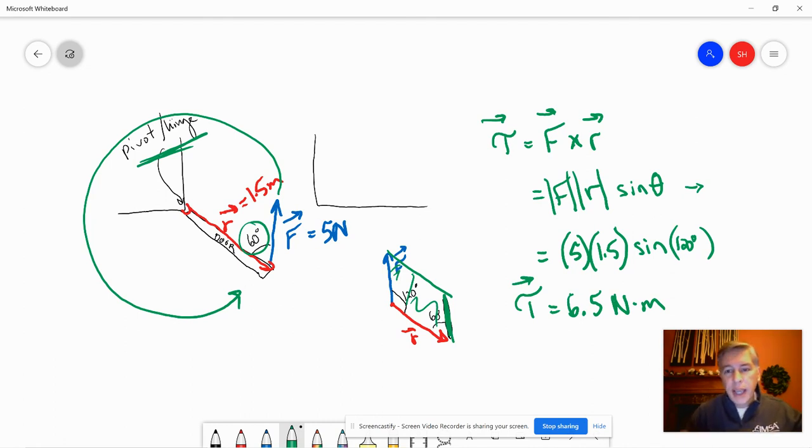Rather than say that it goes counterclockwise, what we tend to do is give it a direction based off of the right-hand rule. So we go from the force into the r vector. It would actually point into the board or into the paper right now, so we would draw it as going into the paper.